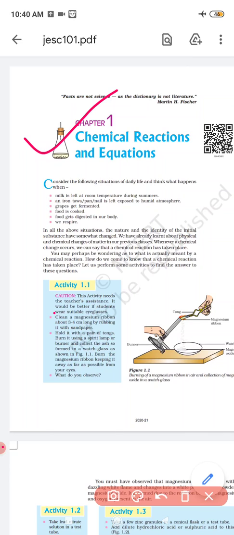So chemical changes, you already have some idea. In this chapter, chemical reactions and their equations. So what do you mean by chemical reaction?